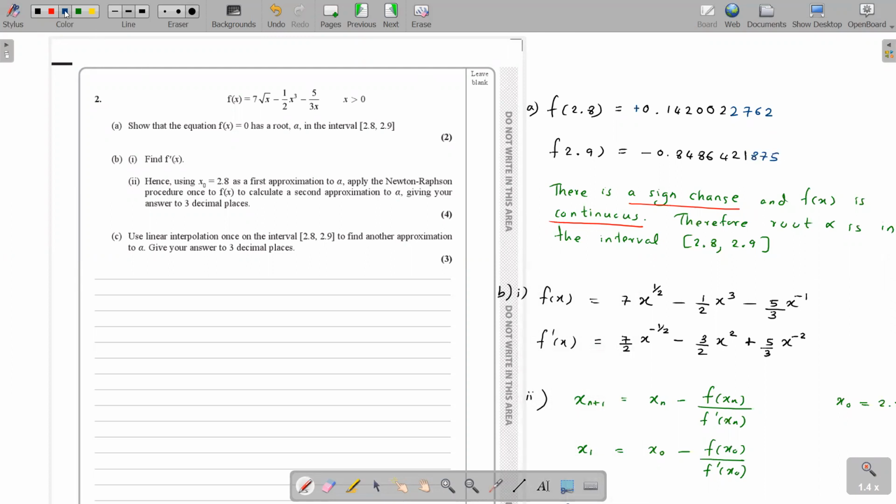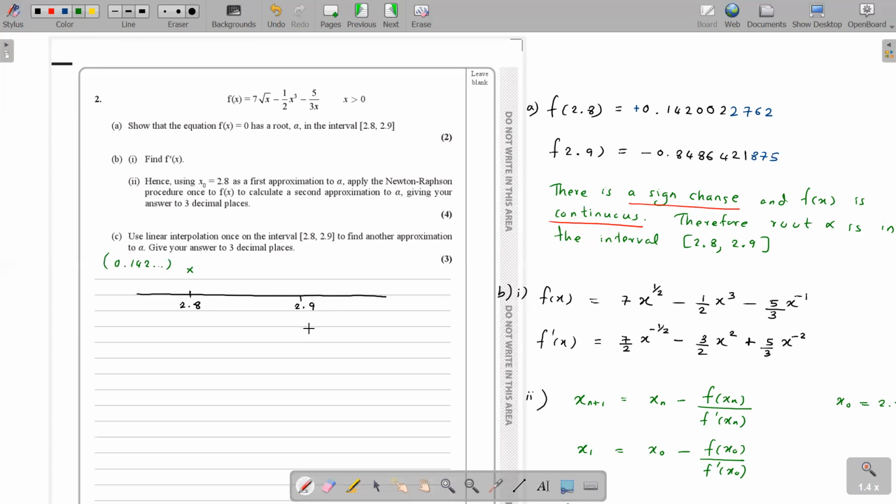Okay, so then let's go for linear interpolation. Just draw a line. What are your two figures? 2.8 and 2.9. For 2.8, you can see you have a positive figure, right? Your y value is positive. The y value is 0.142 to this figure.